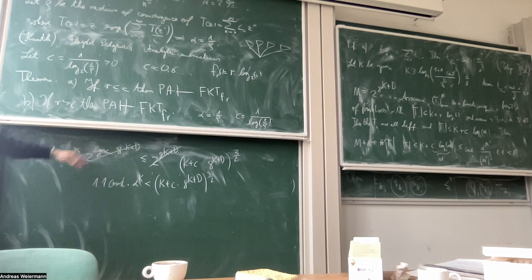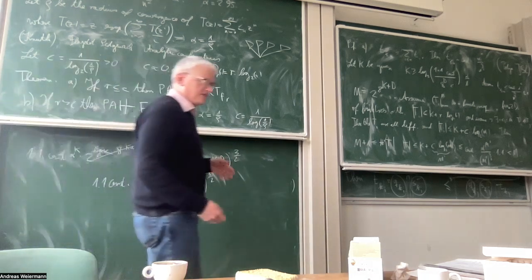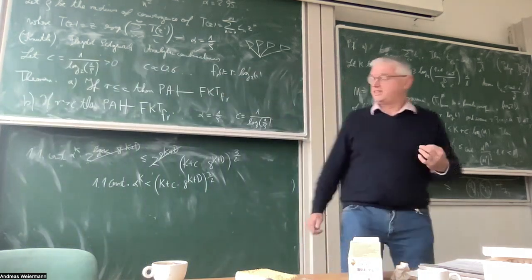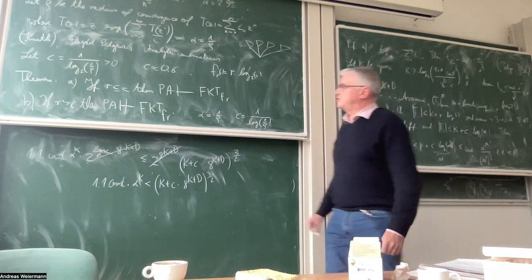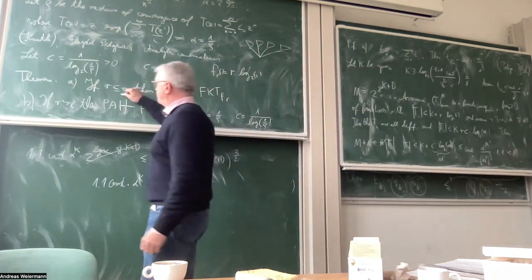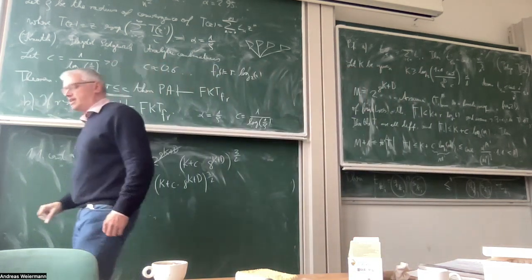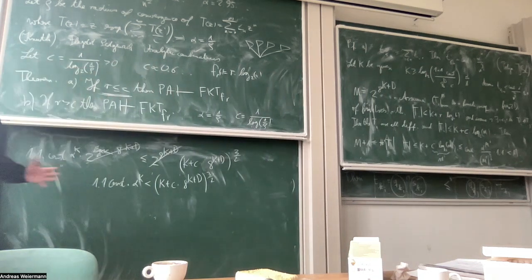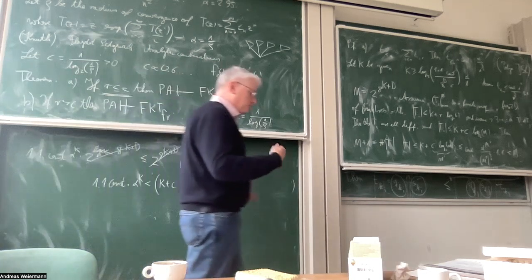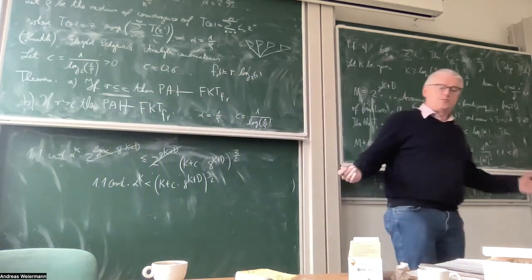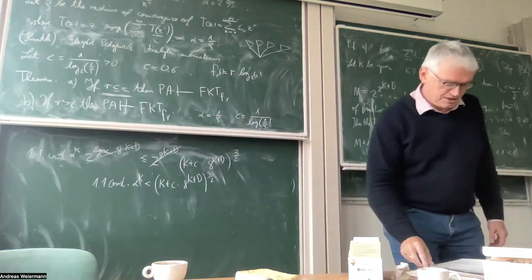When this canceling is no longer possible, then the argument breaks down. Just when you write down the arguments, you will recognize this nice proof depends on the property that r is small enough. Then you can make an easy estimate, and then the result comes out. But when r is bigger than c, the argument breaks down, and then complexity jumps.